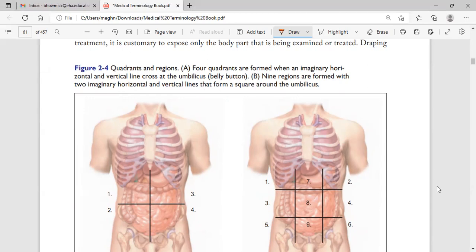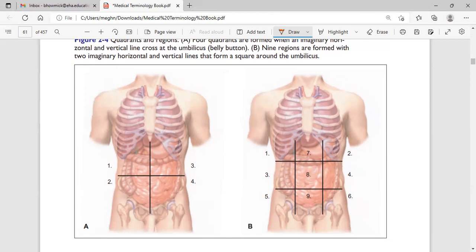In this picture, one line is vertical, the other is horizontal, right? So the right upper quadrant, this area, basically contains the liver, gallbladder, part of the pancreas, and part of the small and large intestine.